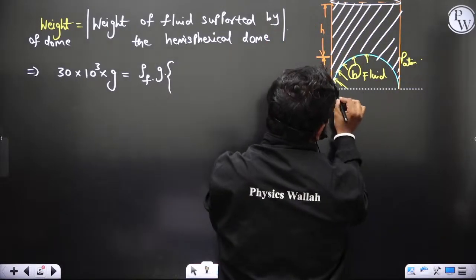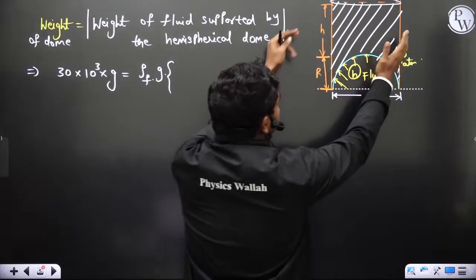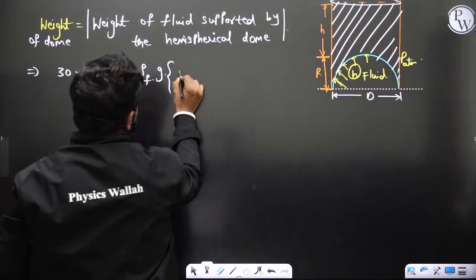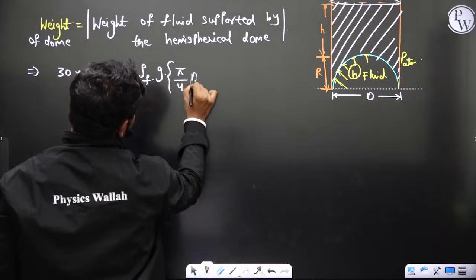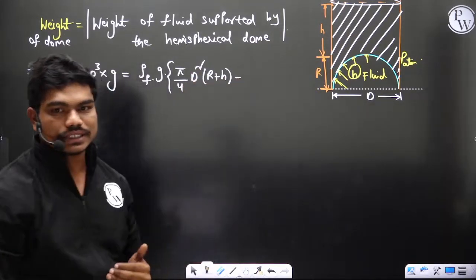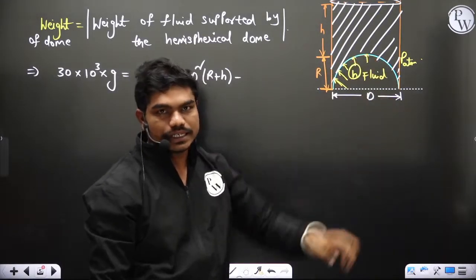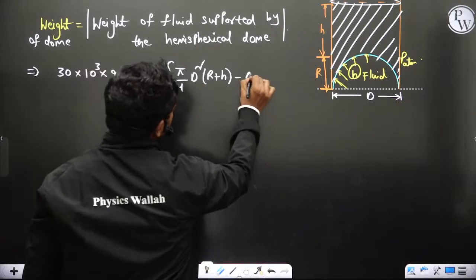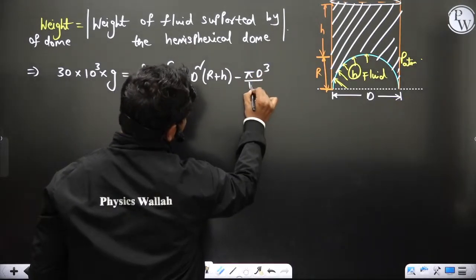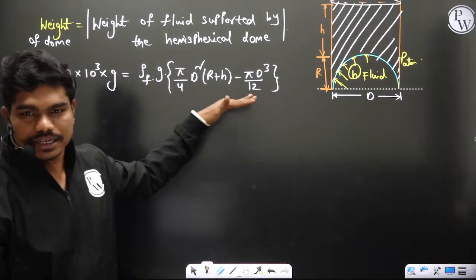If this diameter is D, then this complete volume is pi by 4 D square times R plus H. This is the total volume of the cylinder minus the volume of this hemisphere, yes or no? What is the volume of hemisphere? Pi D cube by 12, because a complete sphere is pi D cube by 6, so this is pi D cube by 12. Is this expression clear to all of you?